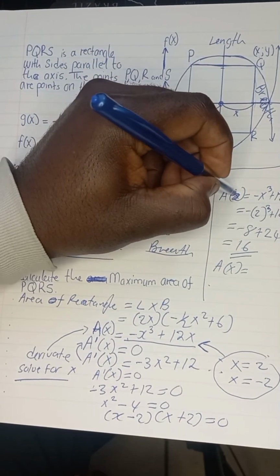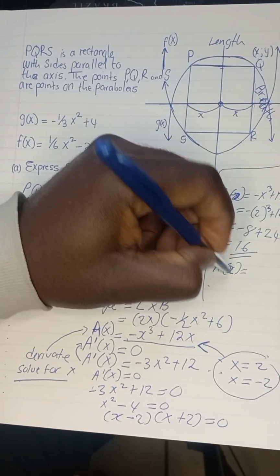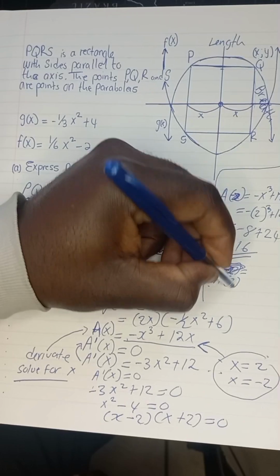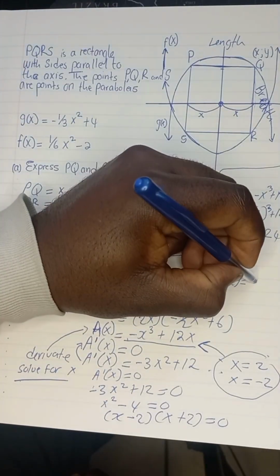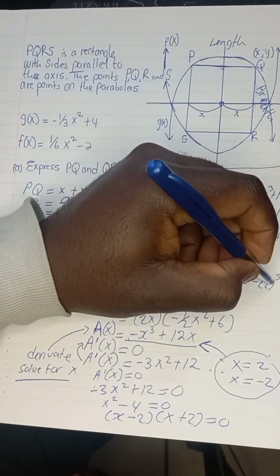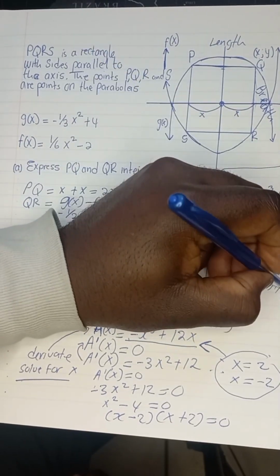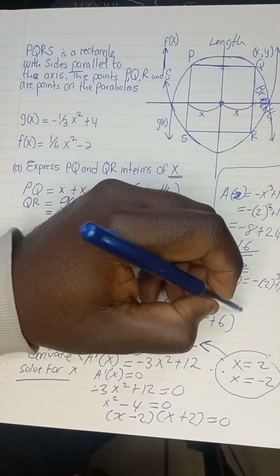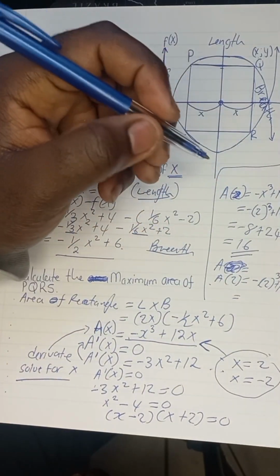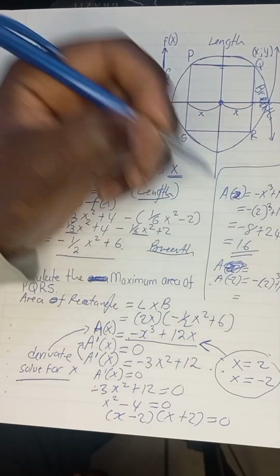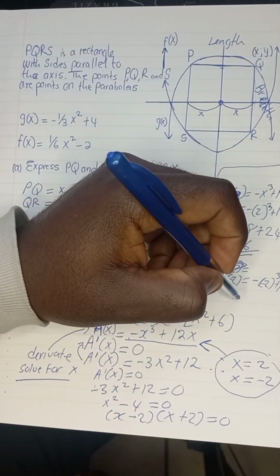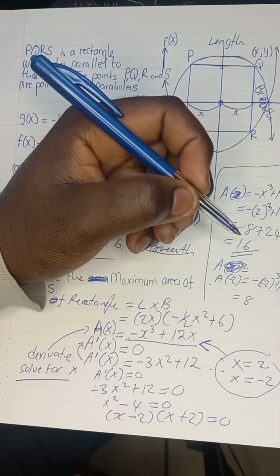So there I'm trying to show you that they had made a bit of a mistake. When it's saying A of x, I was supposed to write A of 2 to show that x is being replaced by 2. So 2 or negative 2, so that I can get the respective values of 16, and the next one will be minus 16.